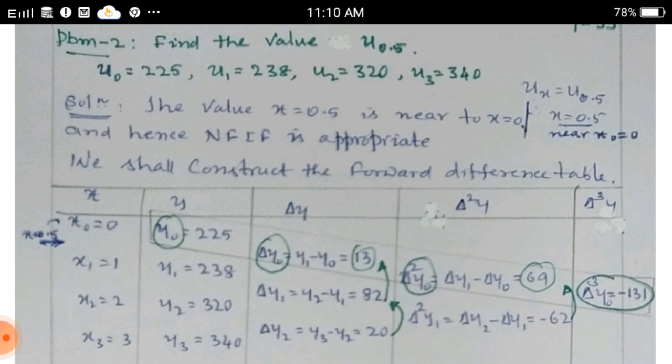We have to substitute the leading forward differences: leading entry y0 is equal to 225, delta y0 is equal to 13, delta square y0 is 69, delta cube y0 is minus 131, in Newton's forward difference interpolation formula.